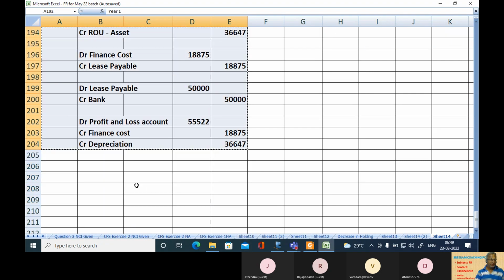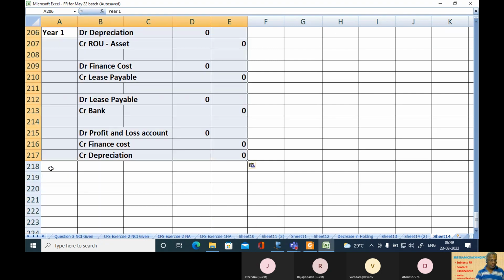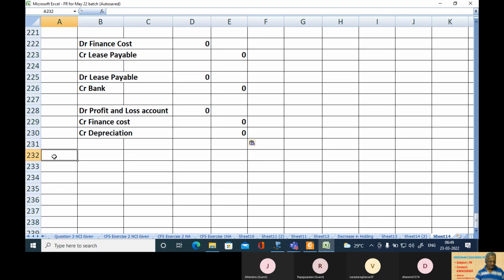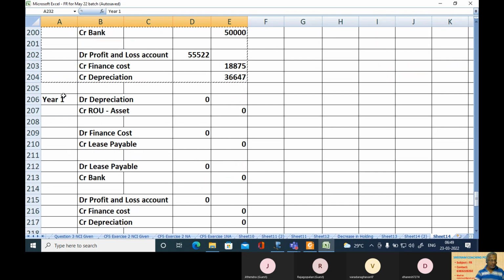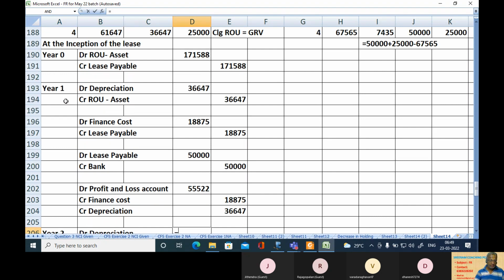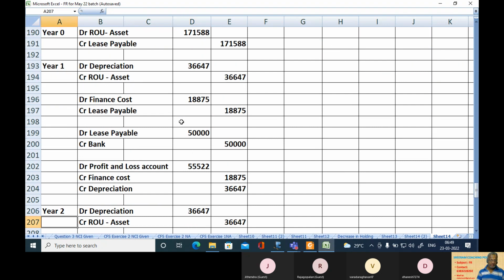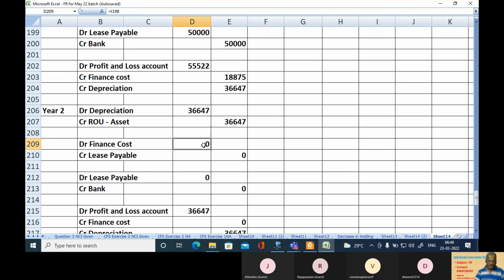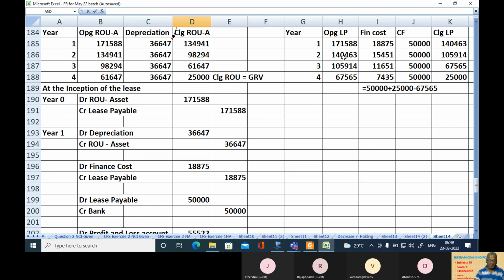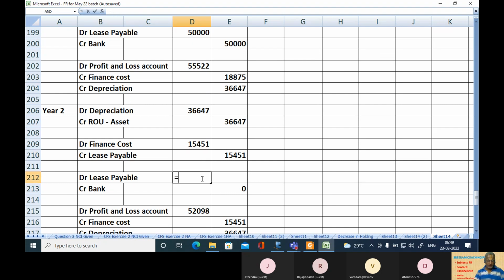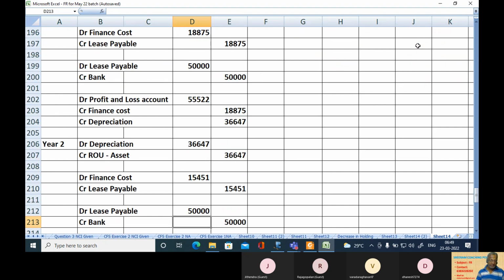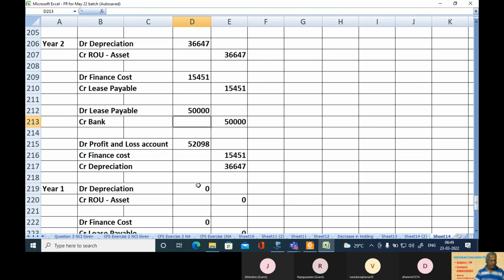So it is year number 2, year number 3, year number 4. Just see year number 1 over. This is year number 2. Depreciation is this. Finance cost is this. Lease payable is this. Okay.